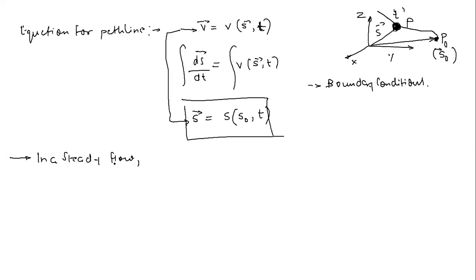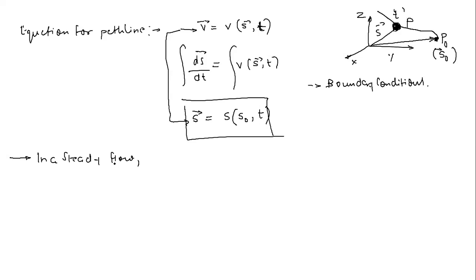So in a steady flow, the velocity of a fluid particle is not changing with respect to time. So the Eulerian and Lagrangian approaches will reduce to the same version. They will both represent the same thing when we are talking that the flow is steady.